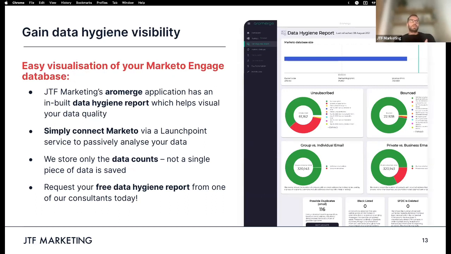Then, just quickly touching on visibility. How can you gain a level of visibility on data hygiene? It's quite difficult to do. If you were to implement some of those rules, and a nice suite of data hygiene programs that managed your data effectively, you would have the ability to dig into those campaigns.